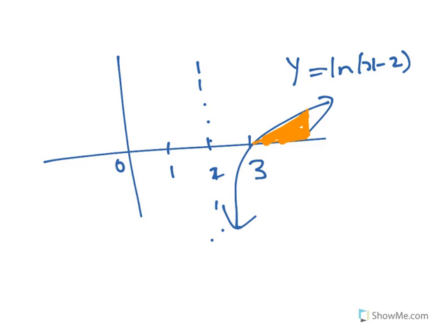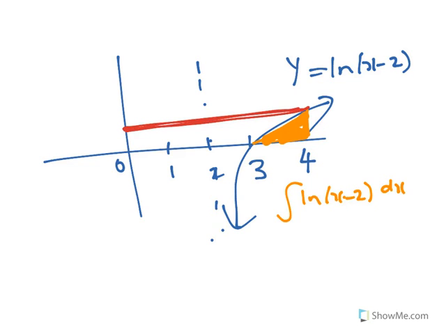and that went up to 4, then if I want that area there, we don't know a rule for integrating the log like that. So what we can do is we can bring that back here to here, and see that will be ln 4 minus 2, which is ln 2.